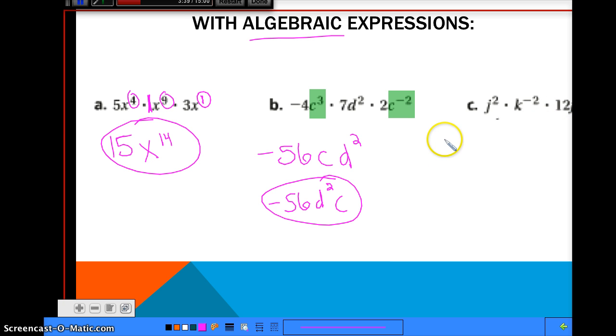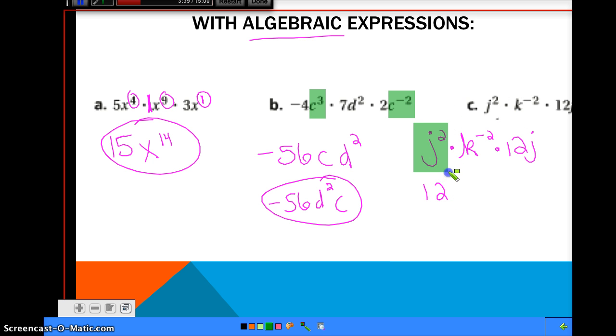The third one, it's cut off here. There's a j over here, so I'll rewrite the problem. It's j squared times k to the negative 2 times 12j. So we get 1 times 12 is 12. We can only use the rule on our like bases, which are these two.